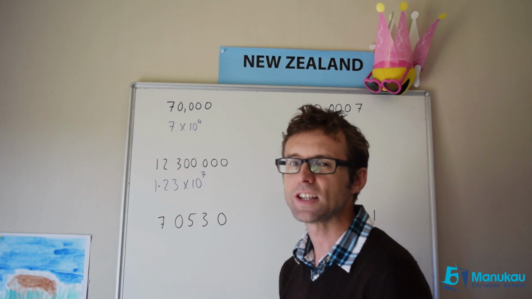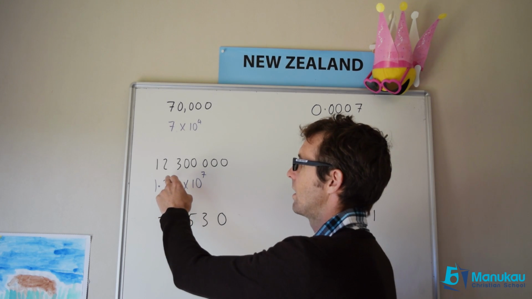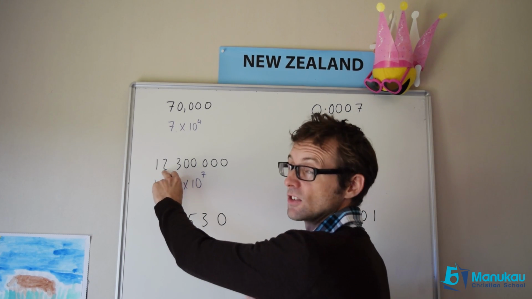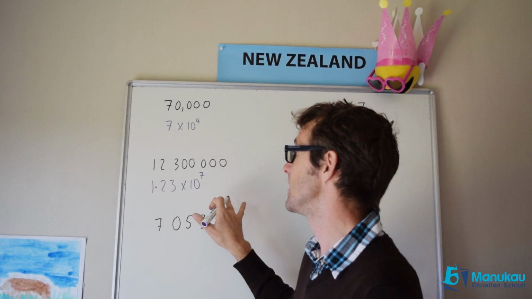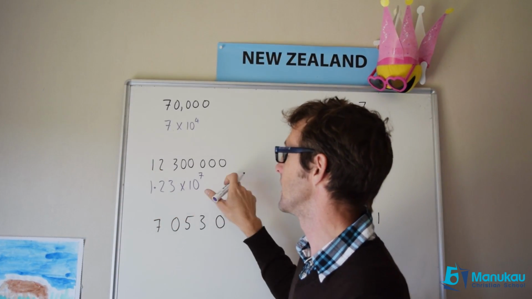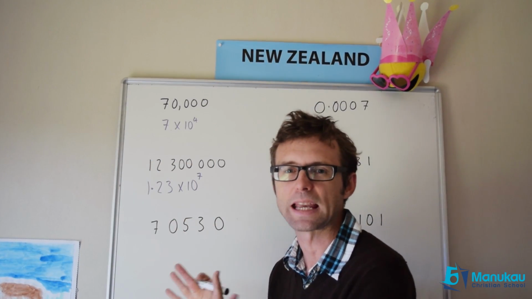And you know that 10 to the power of 6 is a million, which would take us to here, and 10 to the power of 7 will take us into the 10 millions place. 1 times 10 million is 10 million, so 1.2 times 10 million is 12 million, so we're good. This is making sense.